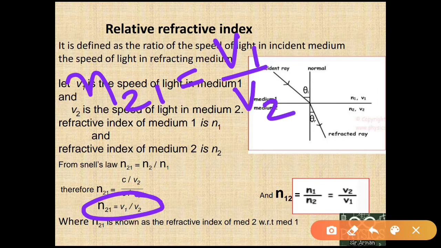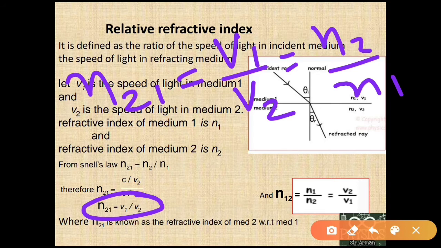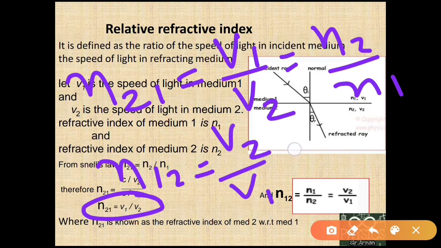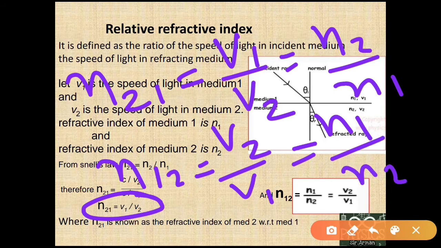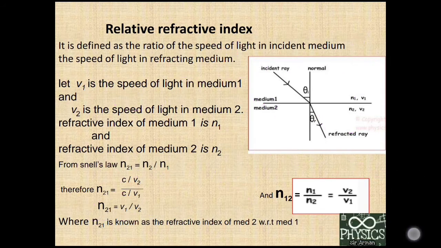Now in terms of the refractive index, I can write eta 2 by eta 1. So don't get confused. Okay, and if it is like this, eta 1 2, then we will take a reciprocal. So here eta 2 1, then V1 by V2. If eta 1 2 is there, then we will consider V2 by V1, and this also changes, eta 1 to eta 2. Okay, so remember this thing.